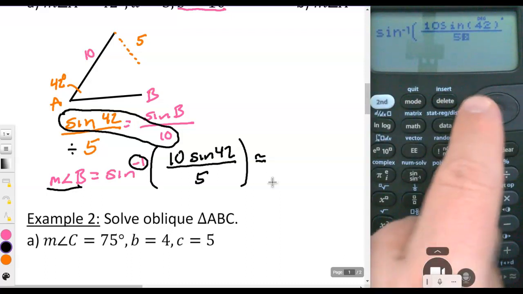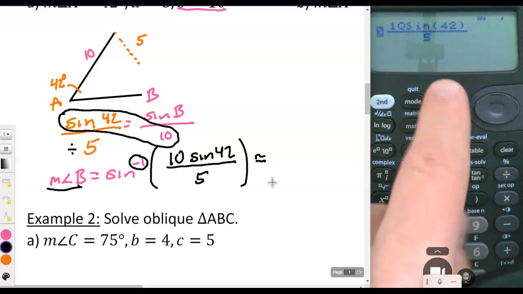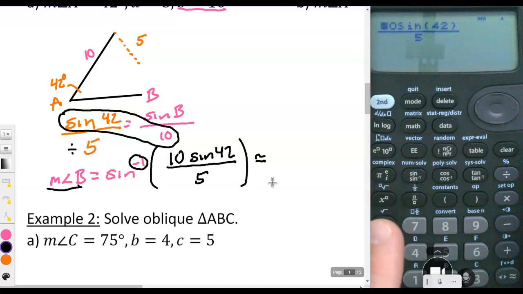And if I go back, I say domain issue, what does that actually mean? Well, if I delete this, if I just take off the arc sine, I look at what this number is, this decimal, you can see it comes out to something bigger than 1, 1.33. That's why you can't take the arc sine of it, because sine only exists on a unit circle, the lowest at 3 pi over 2 or negative pi over 2.